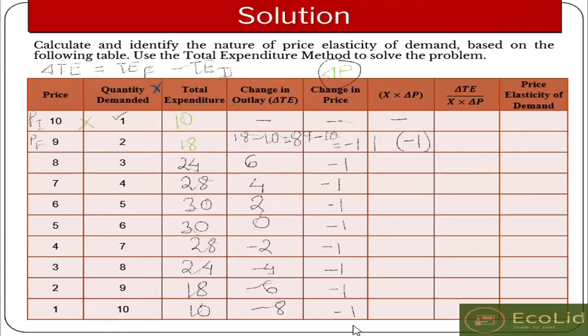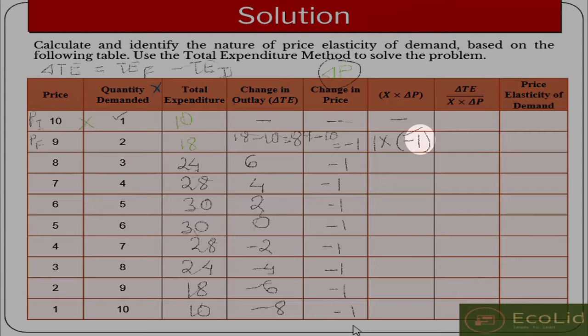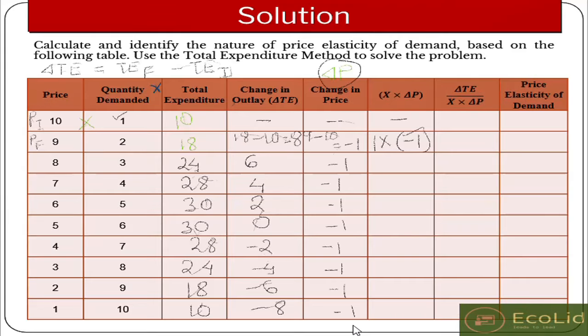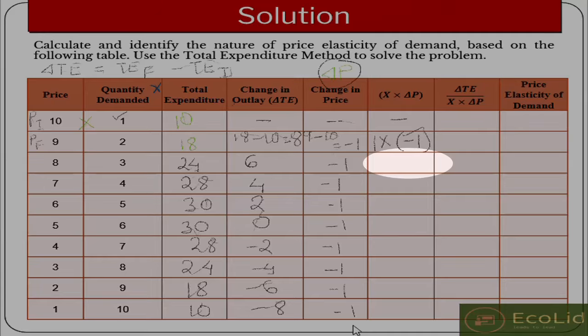So x is 1. 1 into minus 1. So what will be the value? The value will be minus 1. Correct. So like that we need to calculate the values of x into del P for all the rows. Now here in this case what will be the value? We will multiply the minus 1, which is the del P, with the initial x.